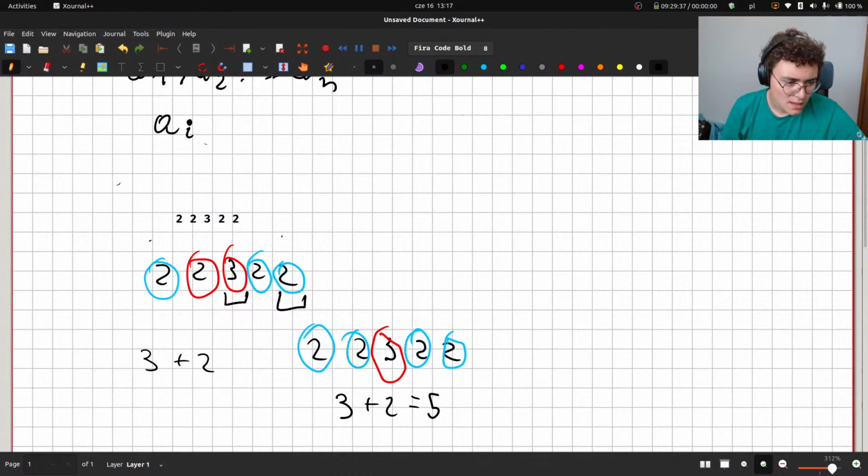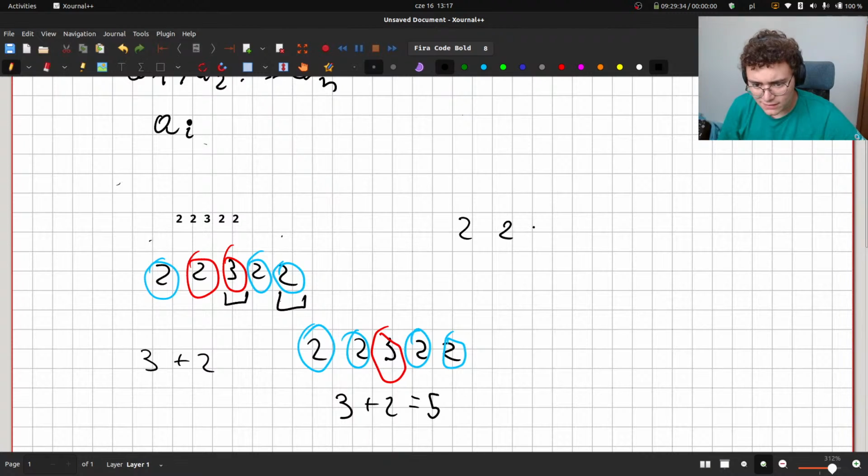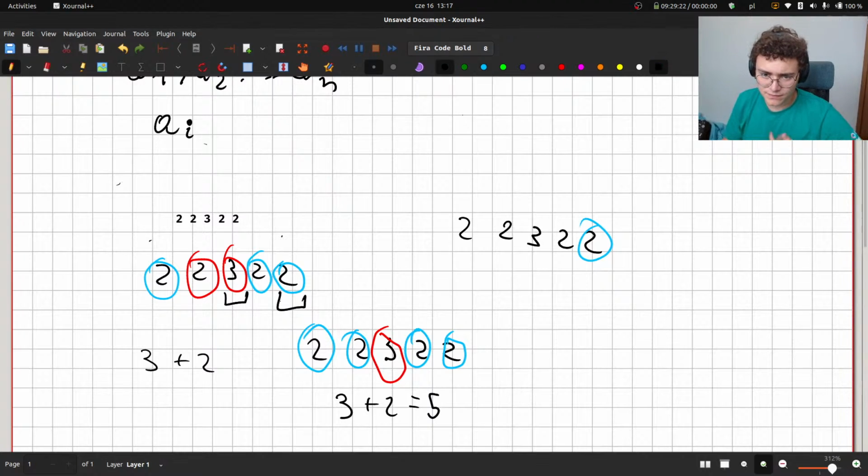Okay. So the observation is that no matter how we divide the groups, both of them have to be non-empty. The last element of the array will always be added to our answer, because the last element of the whole array will always be the last element of one of the groups, right?